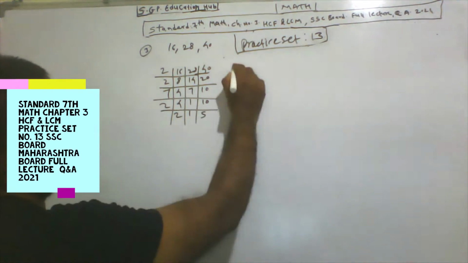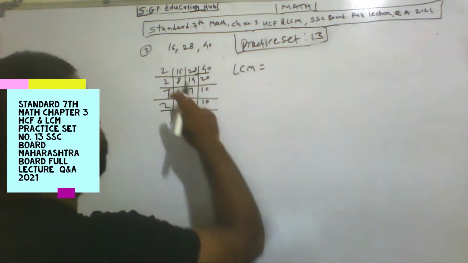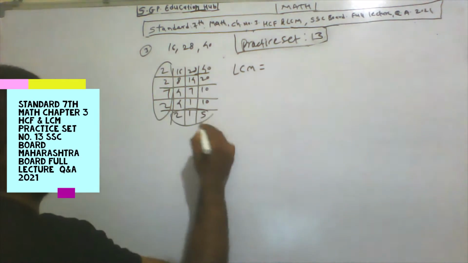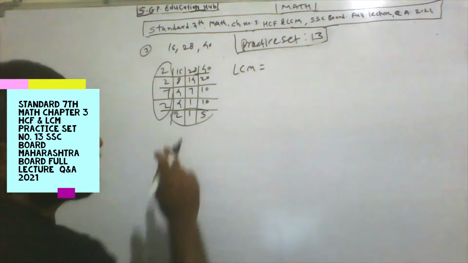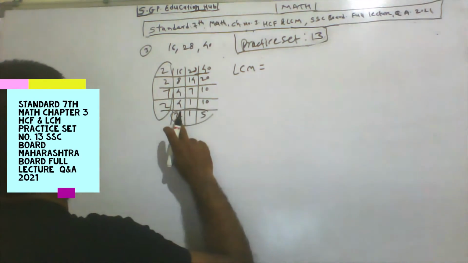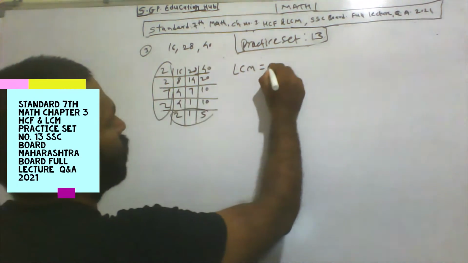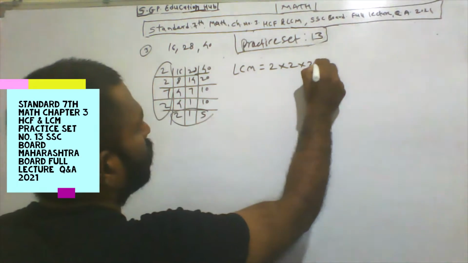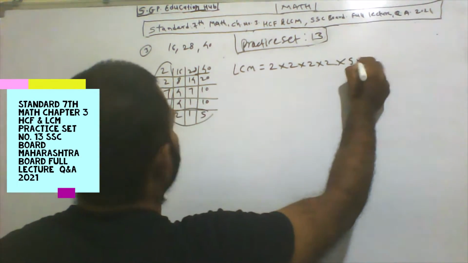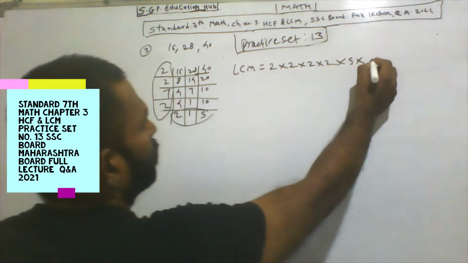Okay, will you get how many? LCM is equal to all these numbers together. 1 is not counted as a multiple, so 2 and 5 are there. 2 how many times? 1 2 3 4 times 2, so 2 into 2 into 2 into 2, and 5 one time and 7 one time.